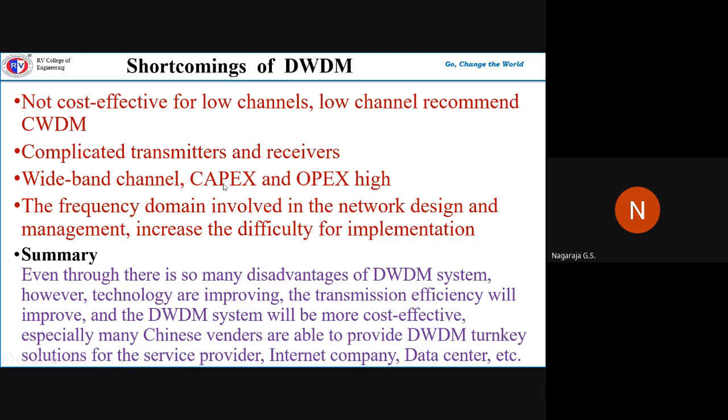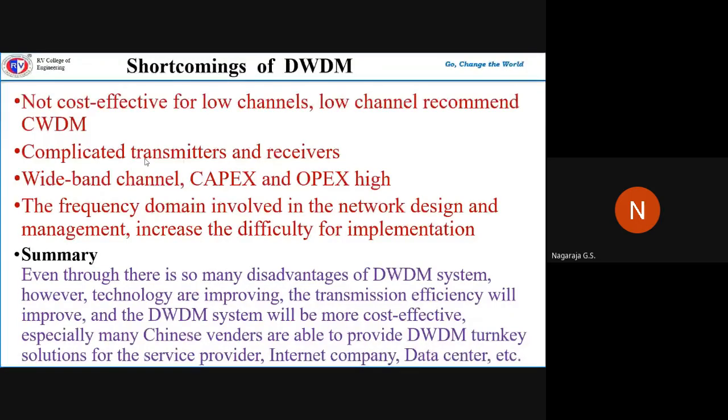Wideband channels, like capex and opex, may be required. The frequency domain involved in network design and management increases the difficulty of implementation. That is the issue in the case of DWDM.